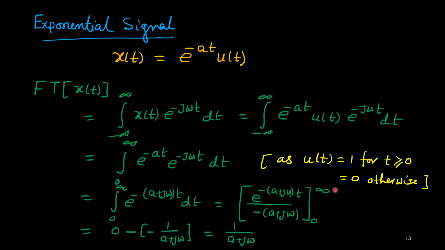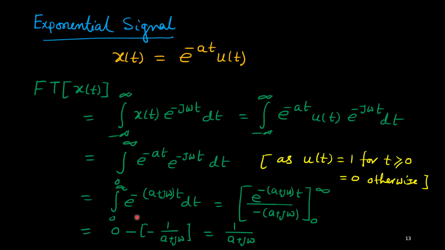When t is infinity at the upper limit, e to the power minus infinity will become 0. We'll assume that a is positive. If a is positive, then obviously it is an exponentially decaying signal, and there is a certain limit on this a.